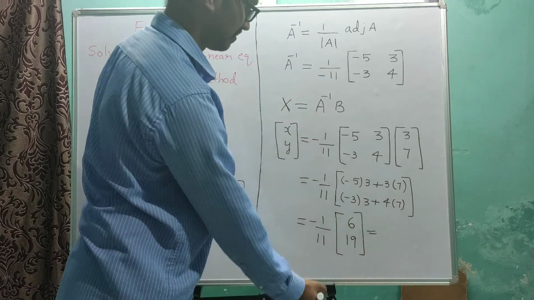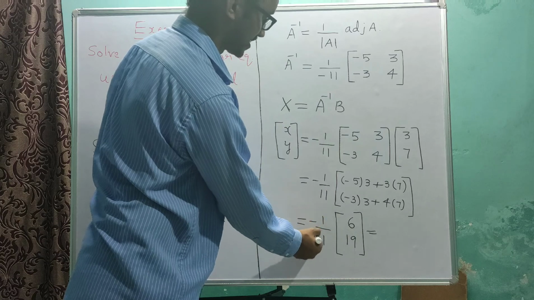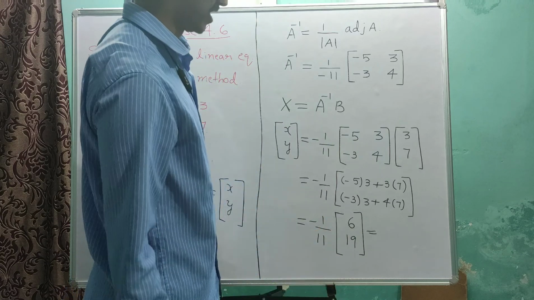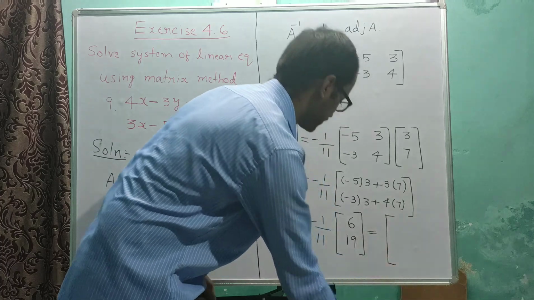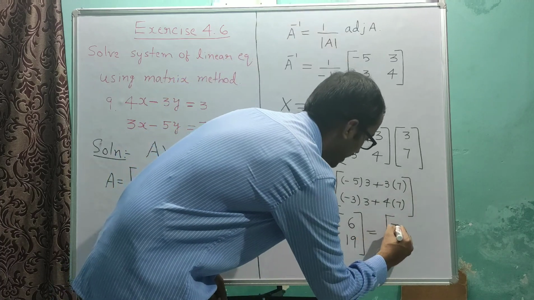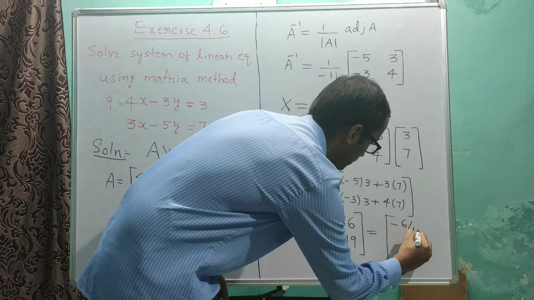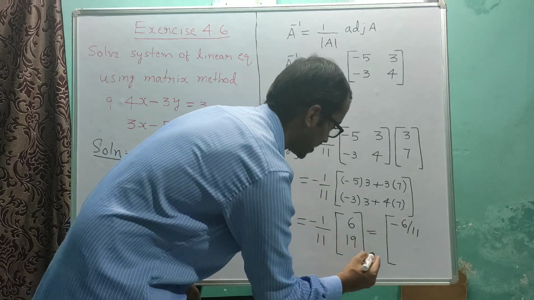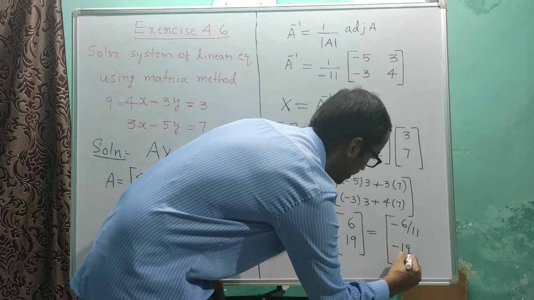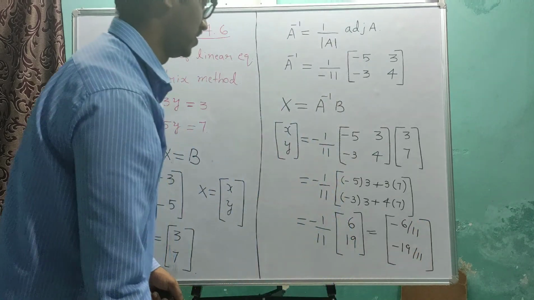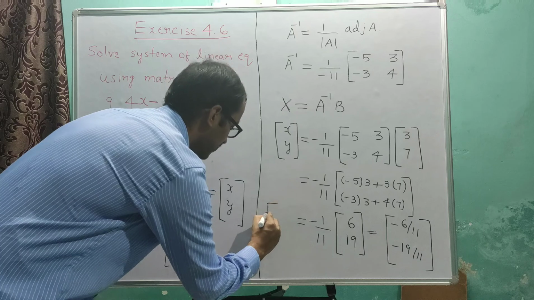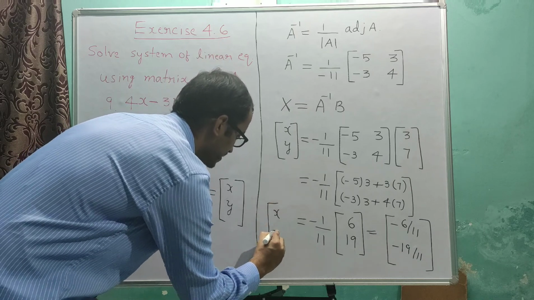Now if you multiply this matrix by the scalar quantity minus 1 by 11, we get minus 6 by 11 as well as minus 19 by 11. So this is the value of x and y.